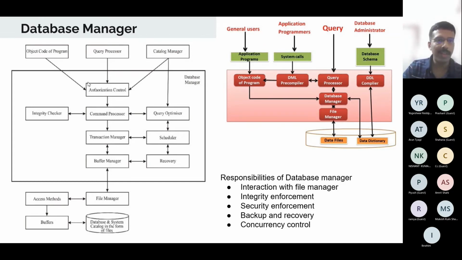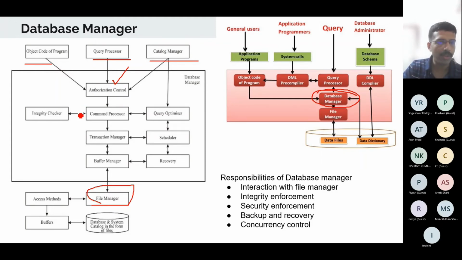So basically a database manager is whatever is shown inside this block. If you see in this right side diagram, it comes at this place. It basically interacts with object code of program, query processor, catalog manager, and at the bottom the file manager. Inside this, it has 2-3 things. One is authorization control that provides who can access what data.